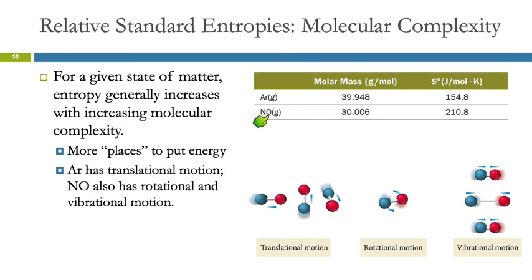But nitrogen monoxide is a molecule, whereas argon is an atom. And so here we have translational motion, rotational motion, and vibrational motion, where the bond can actually vibrate, stretch, and contract. So there are more places to put the energy.